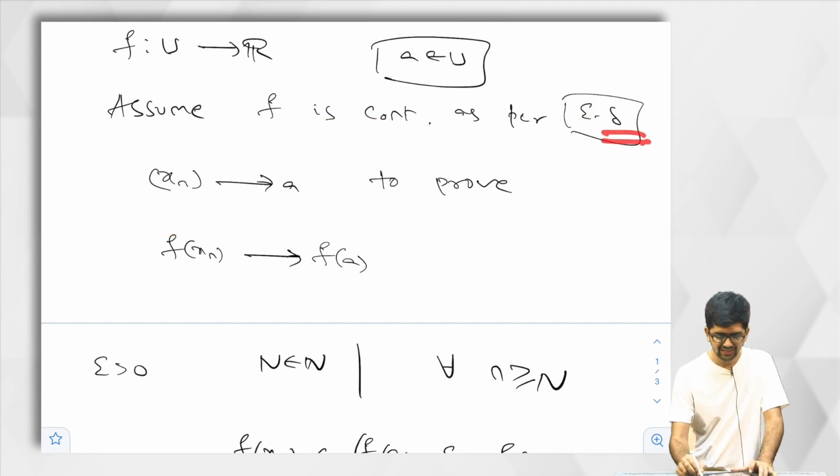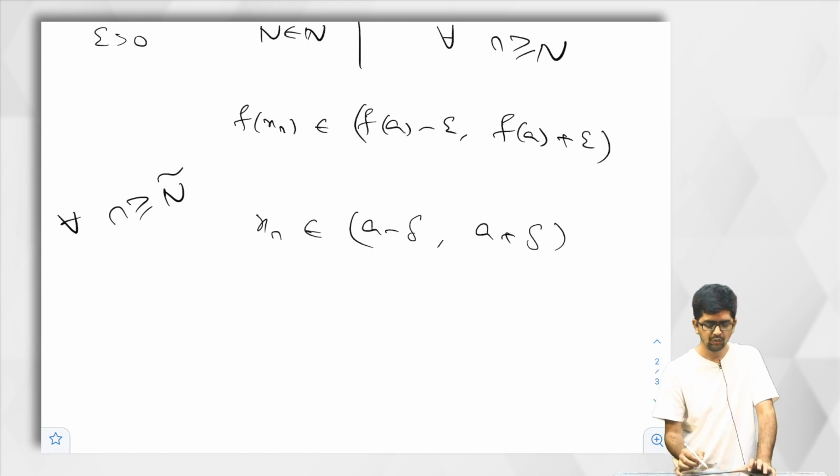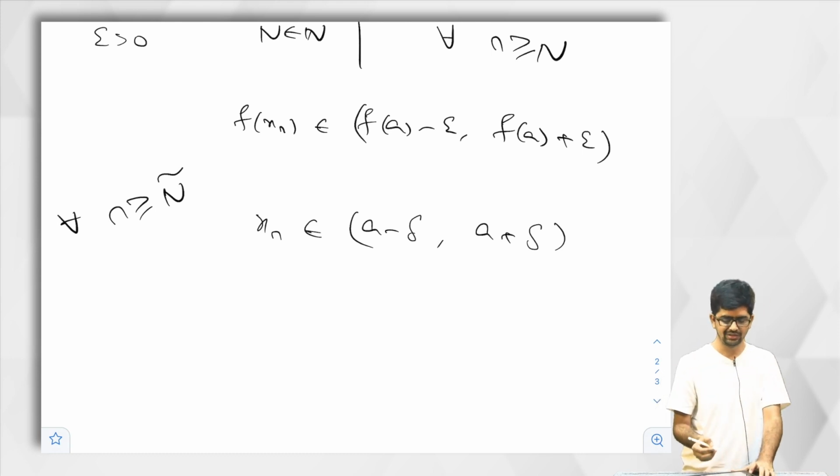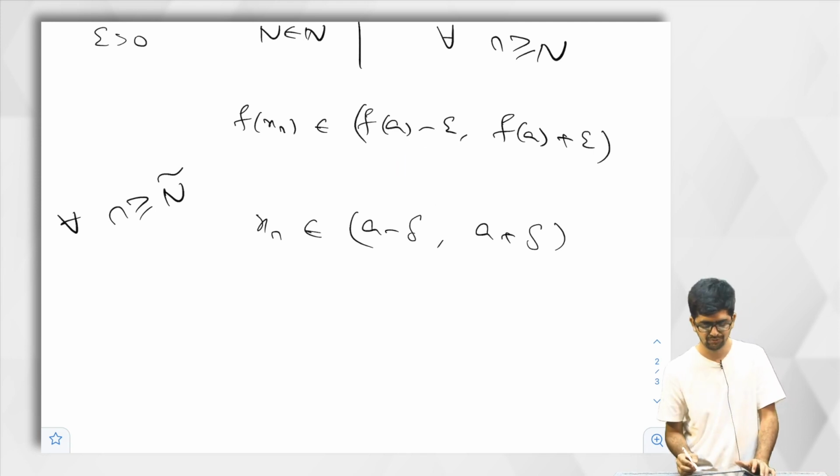So for delta positive, there exists an n such that for every n greater than or equal to n, xn belongs to (A minus delta, A plus delta). So let me erase this. Now we can directly apply the definition of continuity. This implies this that we have already seen just now.